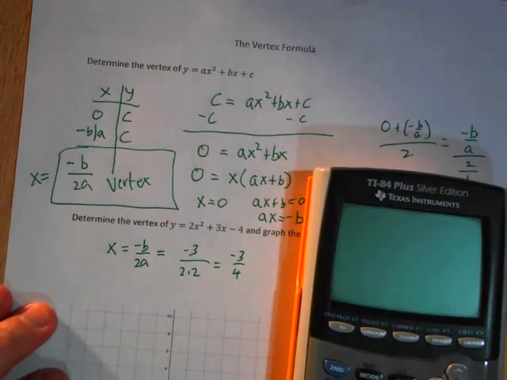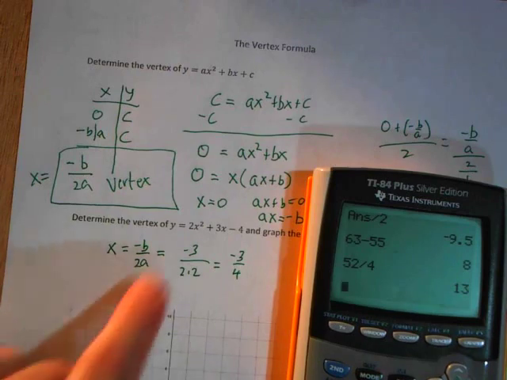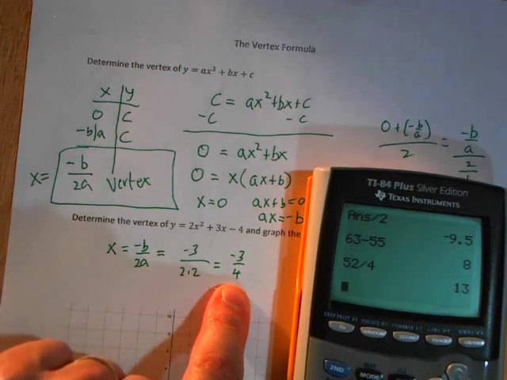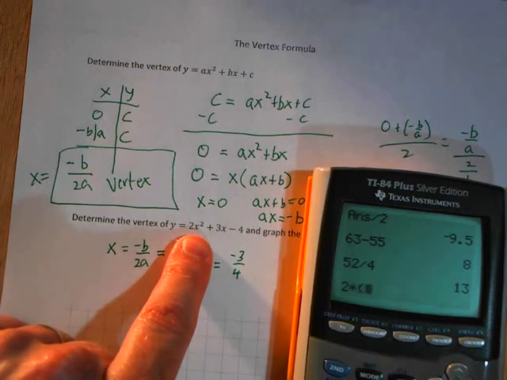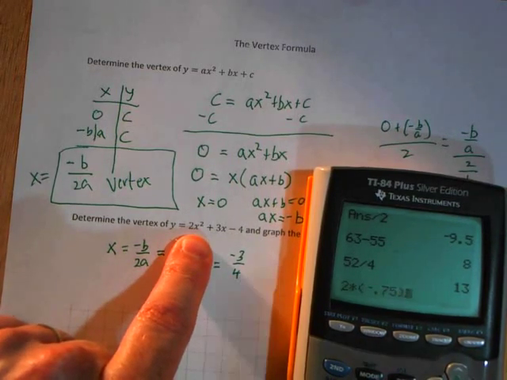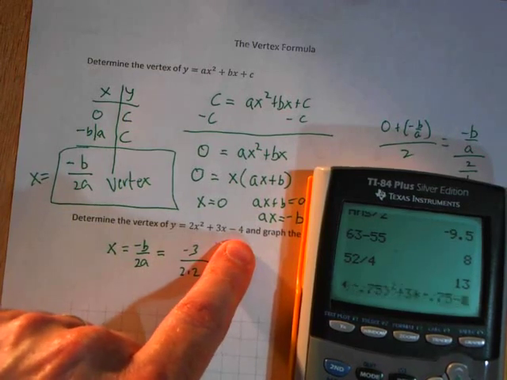And then I would take negative 3/4 and plug it in, and I would use my calculator. I find it easier to use a decimal form. I know negative 3/4 is negative 0.75. So I'm going to have 2 times negative 0.75 squared plus 3 times negative 0.75 minus 4.